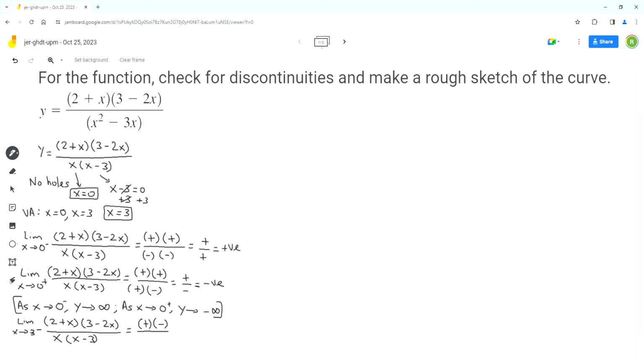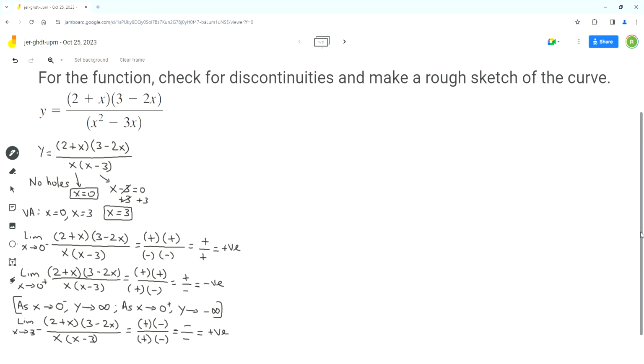Over, now x will be positive, and x minus 3 will give us a negative result, because 2.9 minus 3 will be a negative value. So we'll get negative over negative, and overall a positive value.